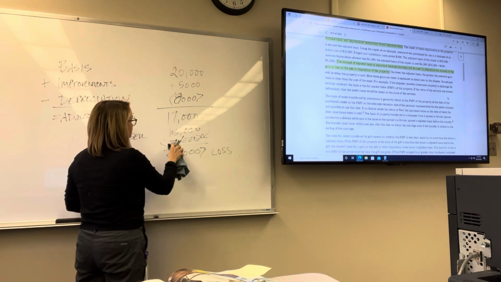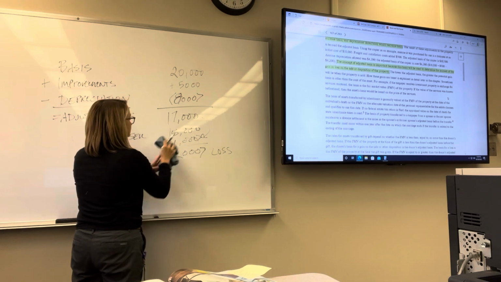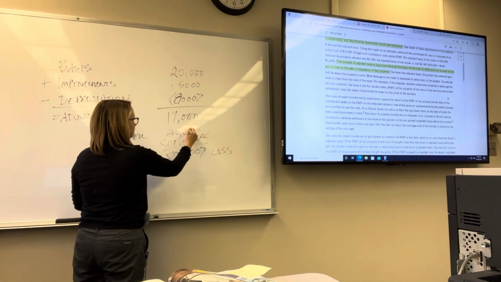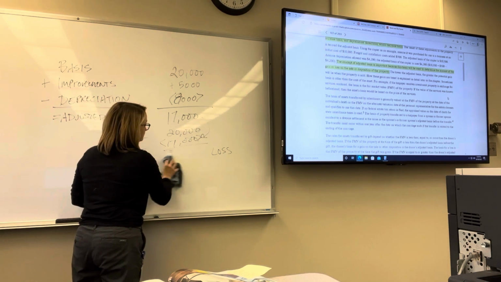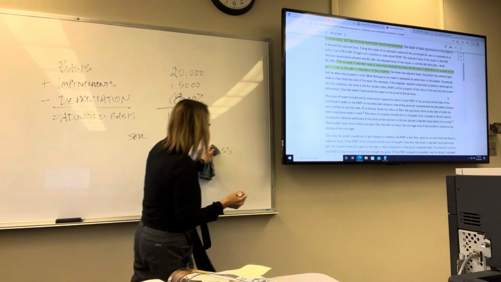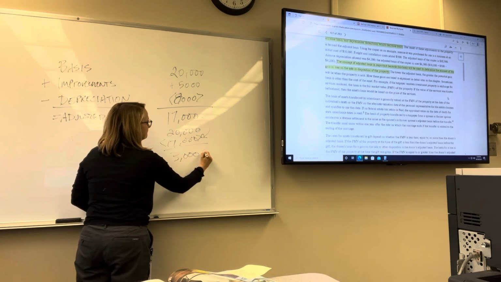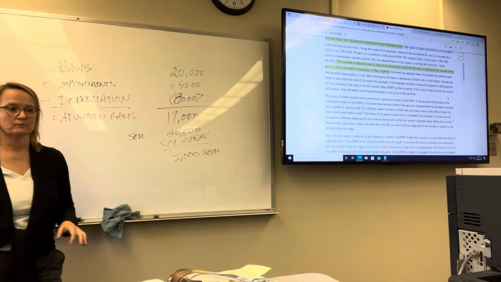So let's say it's 17,000, oh, it's still 17, and we sell it for 20. Well, now instead of, what did we have before? We had a $2,000 gain. Now we've got a $3,000 gain on that asset.